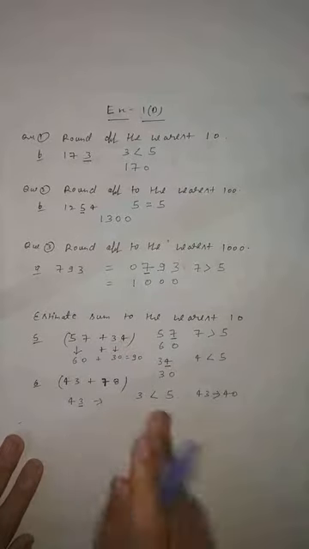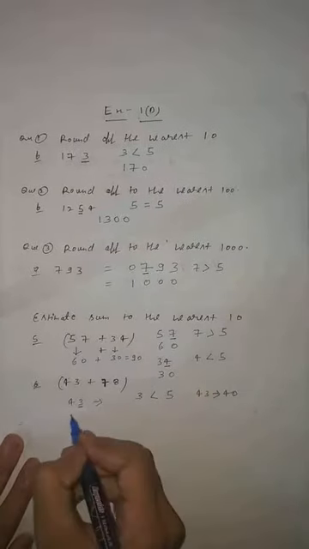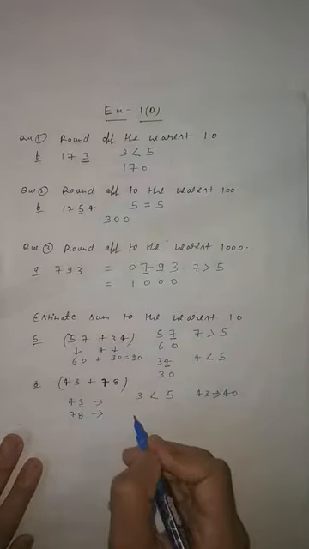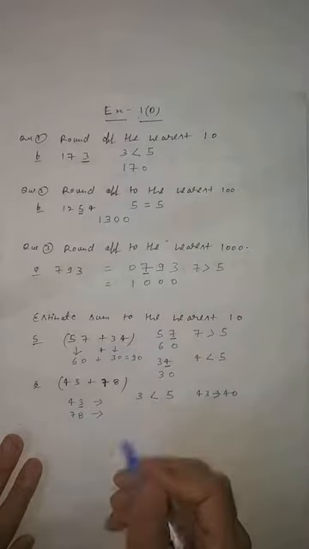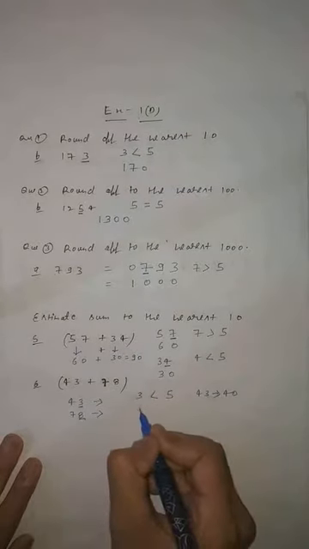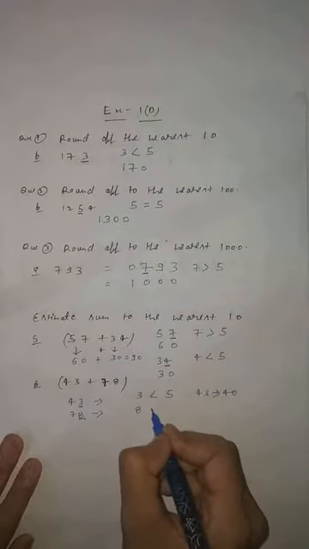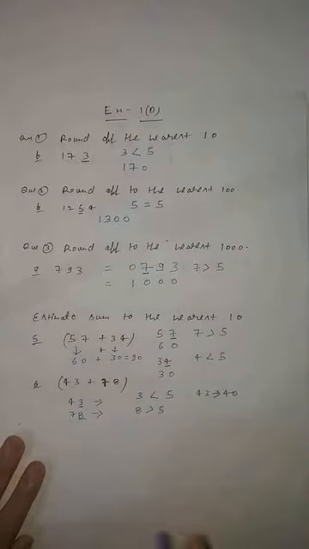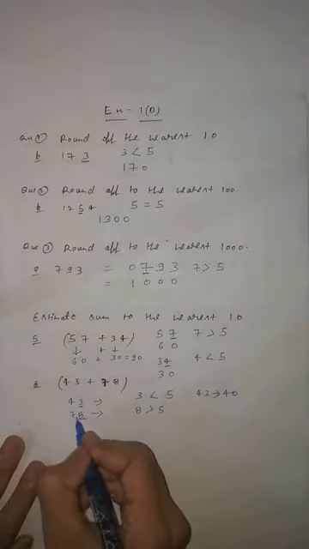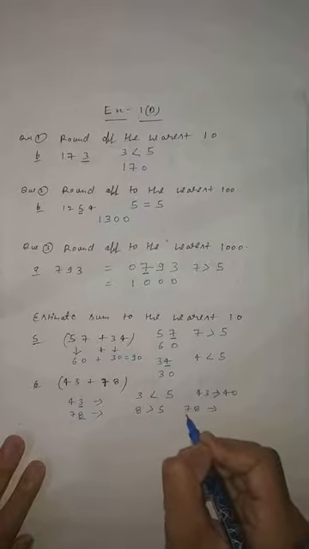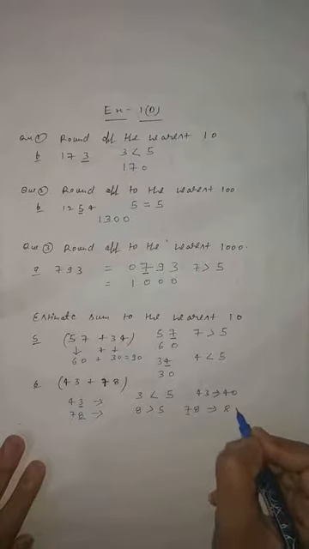Now come on 78, student. In 78, you can see the ones place is 8. And you know that 8 is greater than 5. If 8 is greater than 5, student, what is the rule? The rule is you will increase 1 in the tens place. So 7 becomes 8, and this becomes 0.